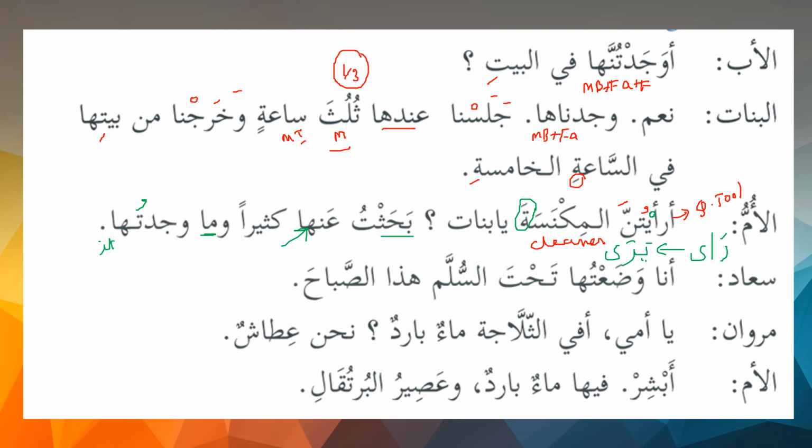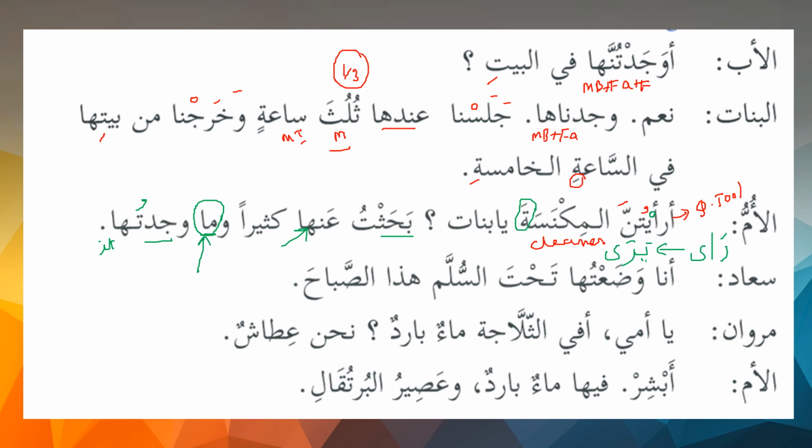So this ha will be translated as it, for a non-rational noun. And why is the ma negative tool being used? Because wajadtu is the past tense, and when you want to negate in the past tense, you use the negating tool ma for past tense sentences.